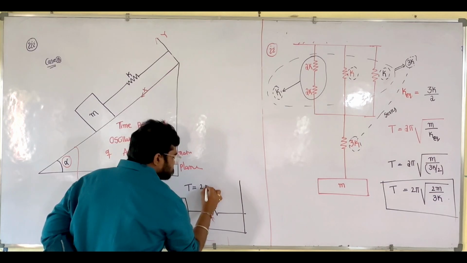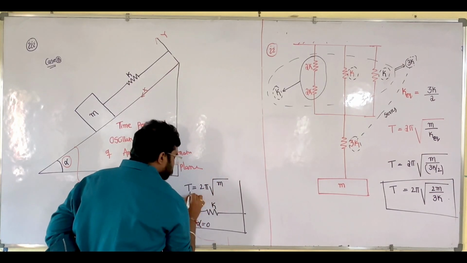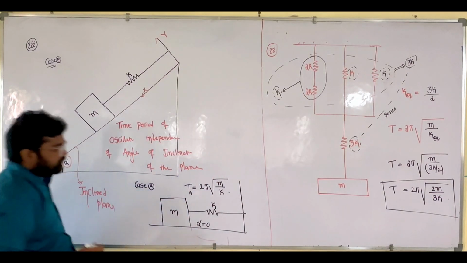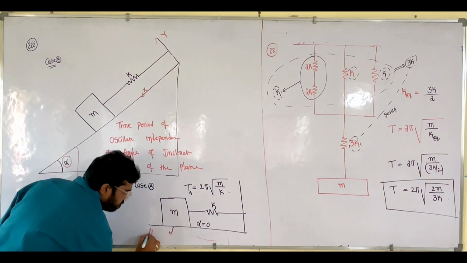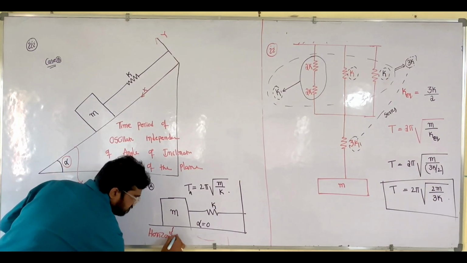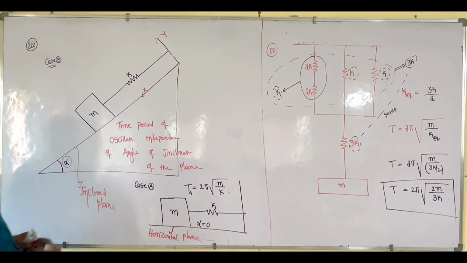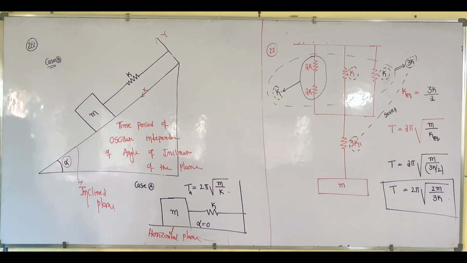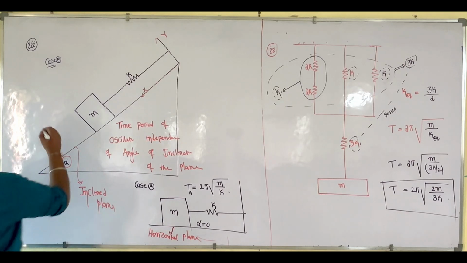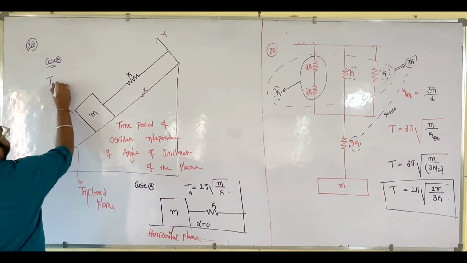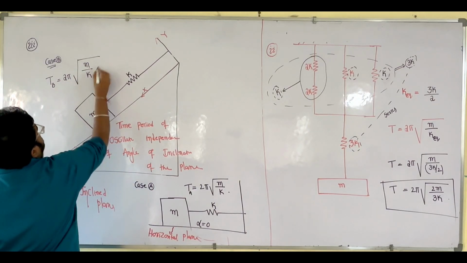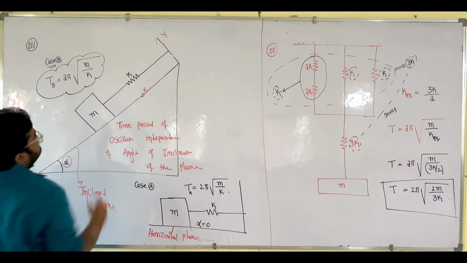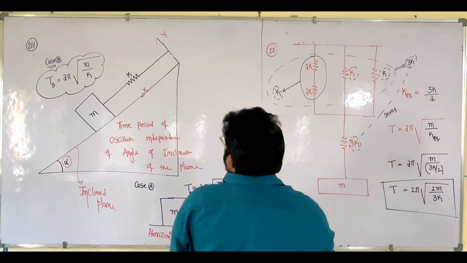What is the time period of oscillation? 2 pi square root of M by K. So this is the horizontal plane, and this is the inclined plane. Time period of oscillation is independent of angle of inclination of the plane. Here also, how much are you getting? 2 pi square root of M by K.